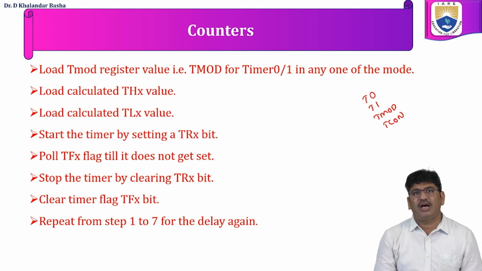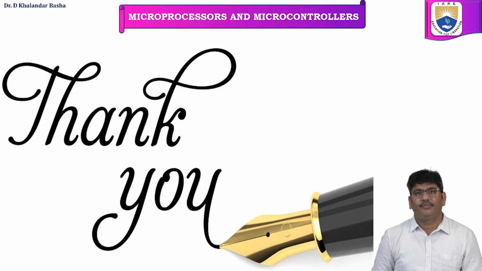The count values or timer values will be loaded into the T0 or T1 register correspondingly for timer 0 and timer 1. For every event that occurs, the count in the registers will be incremented. Whenever it overflows from the maximum value to 00, it will generate a timer overflow, which will cause us to generate an interrupt.